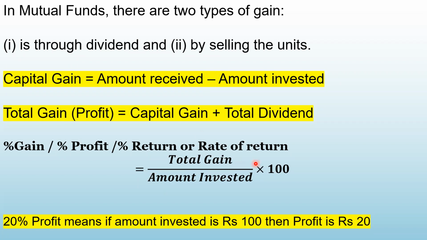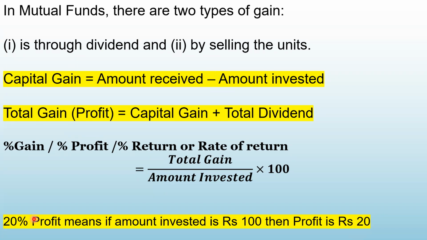It is the total gain divided by amount invested, into 100. So this rate of return or percentage gain is always written as a percentage. And it is the percentage of what? Amount invested. So for example, if I say that a person has got 20% profit in mutual fund, what does that mean? If he has invested rupees 100, then the profit is rupees 20. So this gives a fair picture and fair idea for a person.